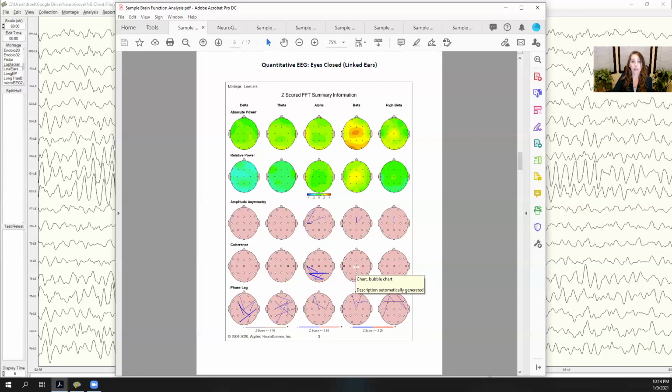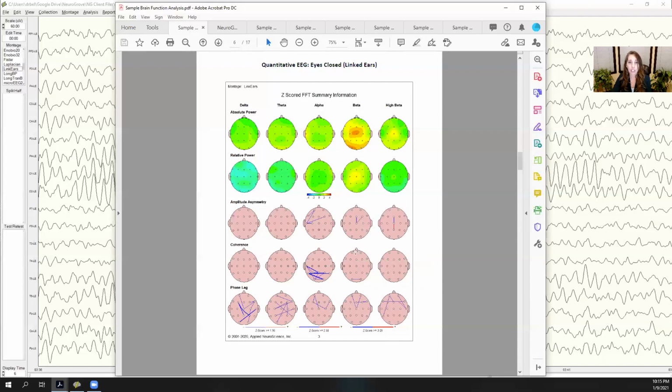For example, if the front of the brain was hypercoherent, meaning it had too much connectivity with somewhere in the back of the brain, that's going to really slow down our processing. Because in order for the front of our brain to do what it needs to do, it's having to reach all the way across to the back of the brain and come all the way back in order to accomplish its task.